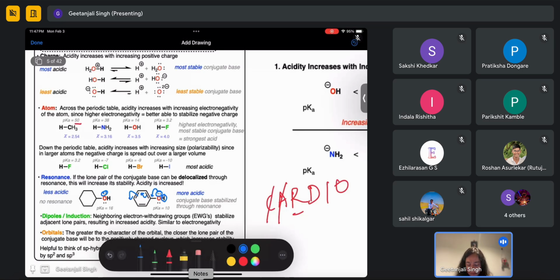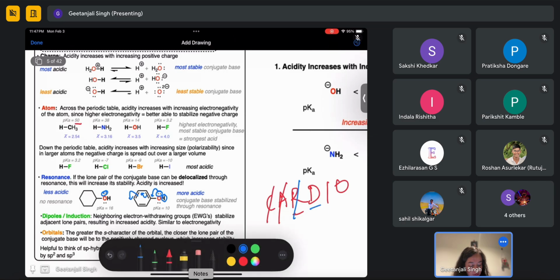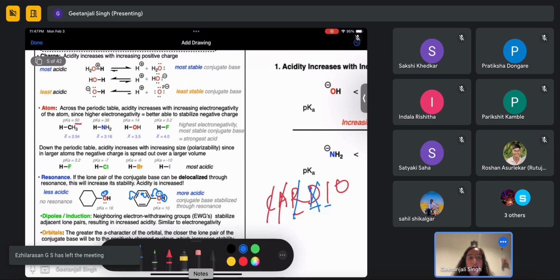Now dipoles, or the inductive effect. We are done with this. Don't think about this, forget about this. The inductive effect is an important factor here. Inductive effect has two types of effect: electron withdrawing and electron donating.